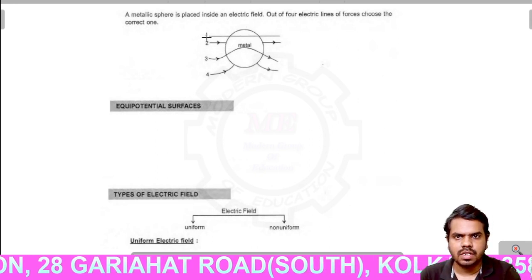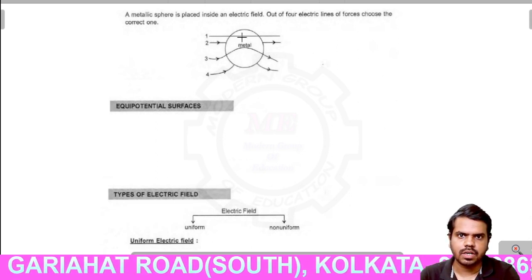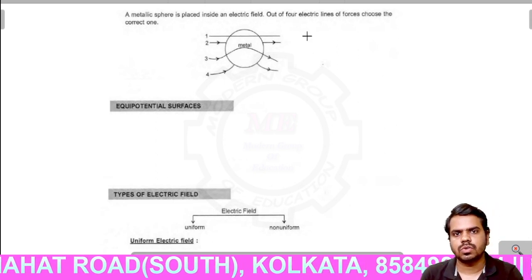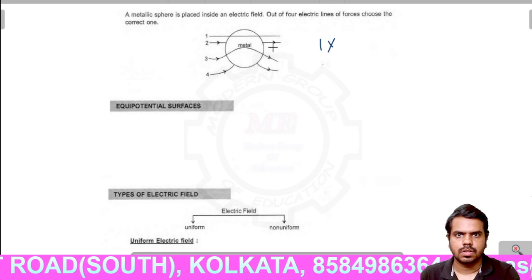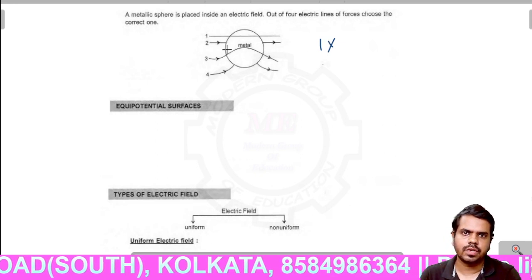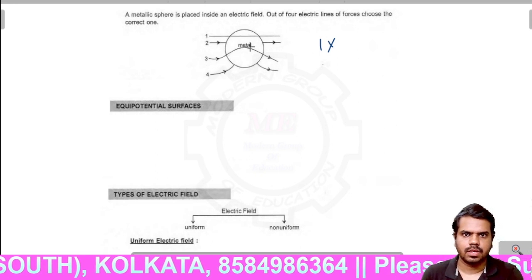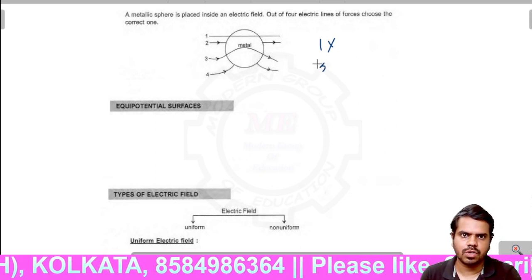In number 1, the field line is passing into the conductor. Here a metal is written, that means it's a conductor. So 1 is wrong. In 2, there is no electric field inside a conductor. In 3, this field line is also passing through the conductor, so 3 is wrong.